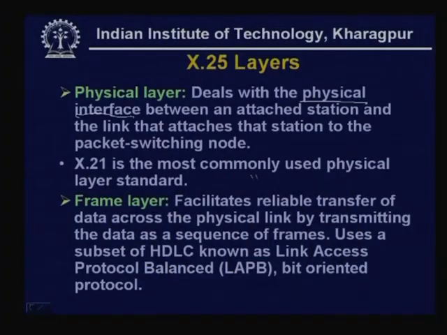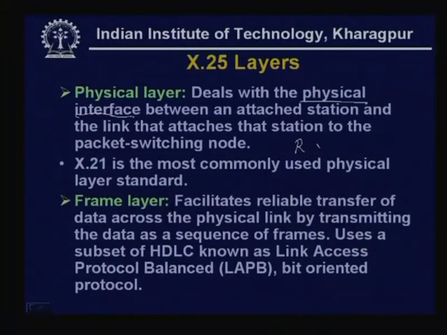X.21 is the most commonly used physical layer standard that has been recommended for use with X.25. However, in the absence of X.21, other standards like RS-232C can also be used, which is analog in nature. On the other hand, X.21 is a digital interface, but RS-232C can also be used in place of X.21.